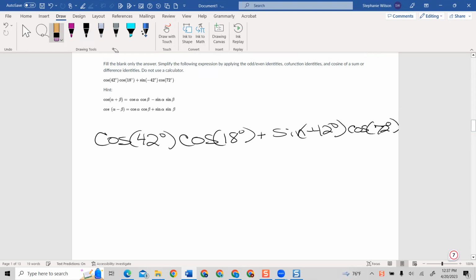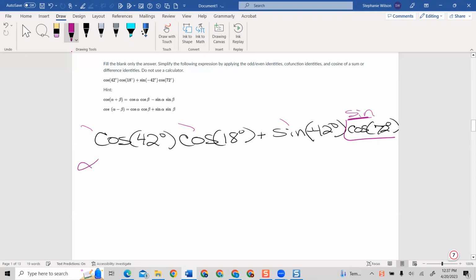I want to clean something up. So now we're working with identities. If you'll notice, we have cosine, sine. Oops, this is cosine. So we're going to have to fix this. This needs to be a sine.